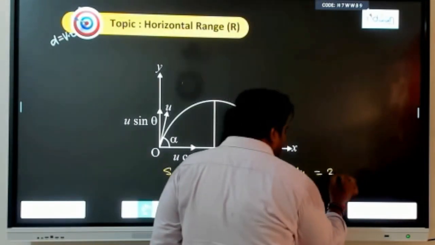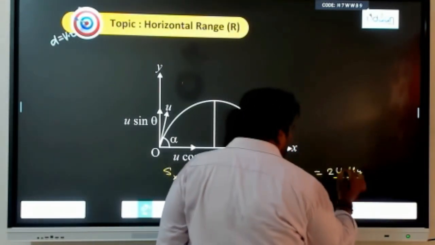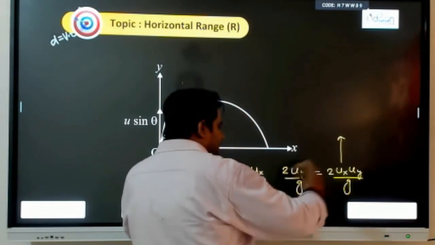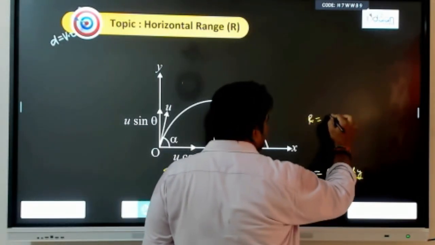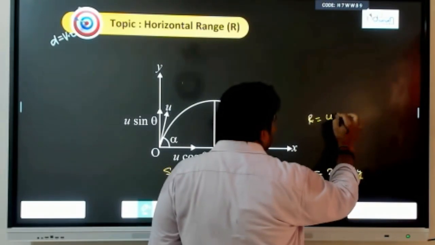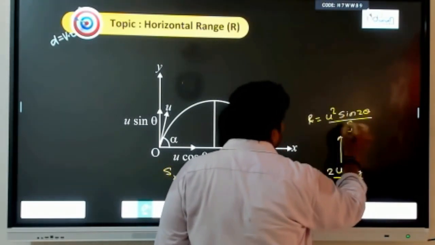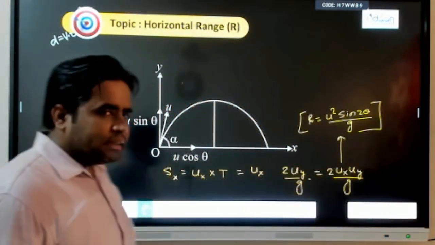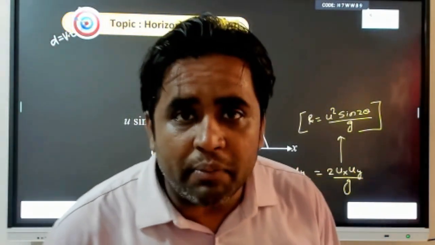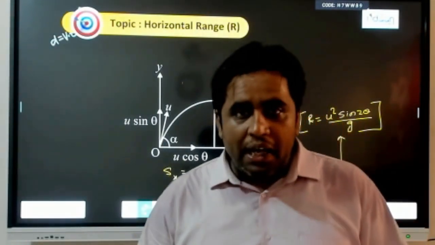So it will come out to be 2ux uy by g. If you split the value, you will find that the range is nothing but u square sine 2 theta by g. So this is the horizontal range. Guys, I think you all understand my point. These are the terms and terminology used in projectile motion.